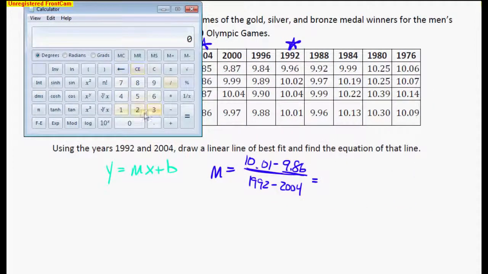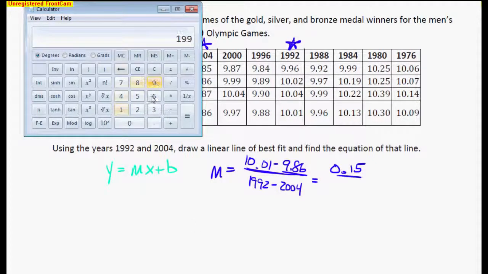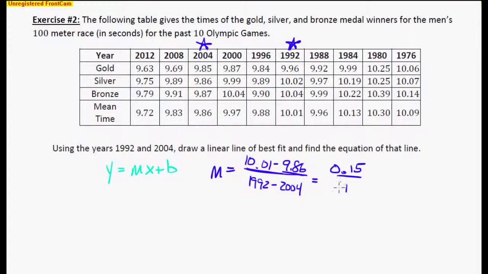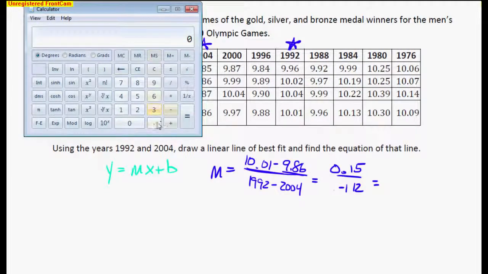Okay, and then I'm going to bring my calculator up to make sure I subtract these right. 10.01 minus 9.86, and I get 0.15. And 1992 minus 2004 is negative 12, which makes sense because remember our graph went down to the right, so we should get a negative number.